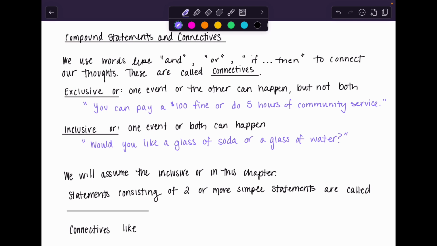There's absolutely nothing stopping you from ordering a glass of soda and a glass of water. So this way, both events can happen, but you can also choose just one or the other.